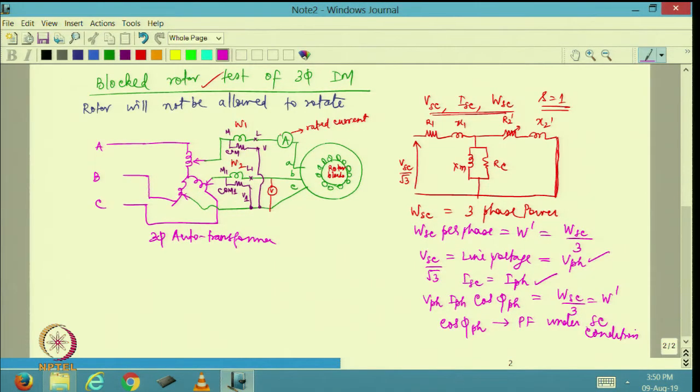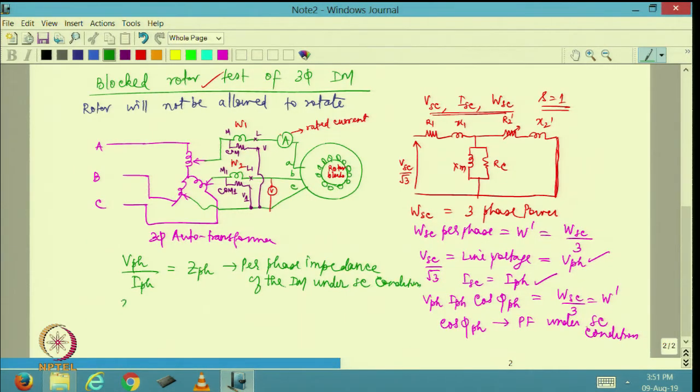Now that I have the power factor, I should be able to write V phase divided by I phase equal to Z phase, that is the per phase impedance of the induction motor under short circuit condition.